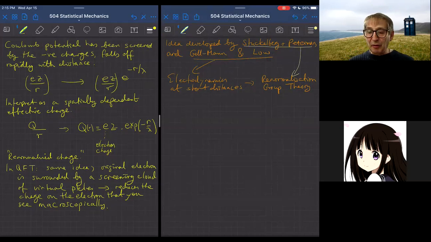And this renormalization group theory paper is interesting because of when it was written: 1952, I'll put. And where was it written?